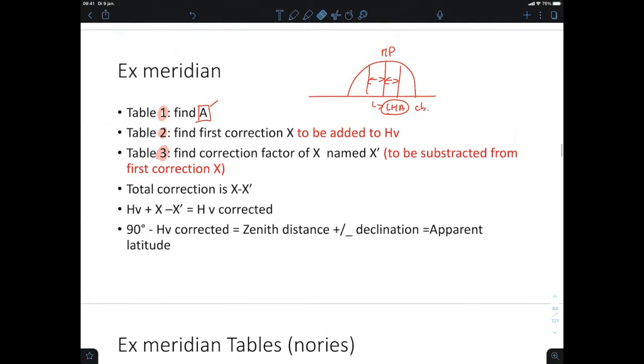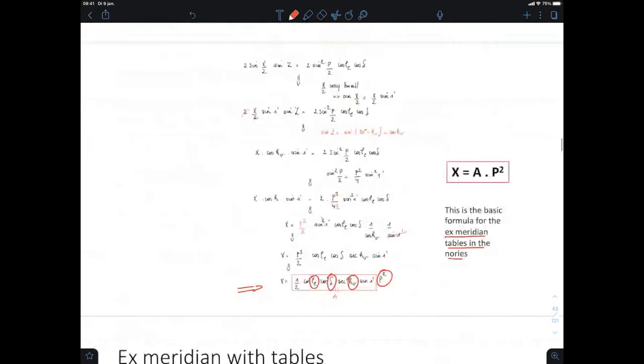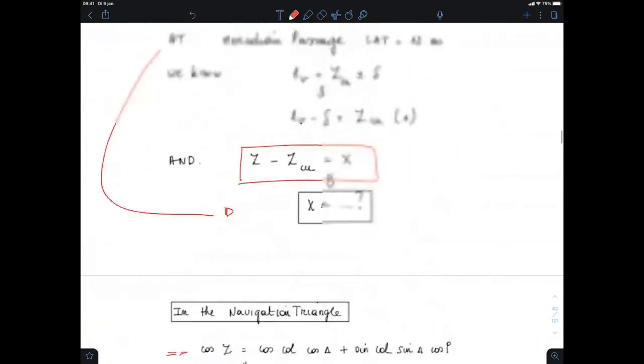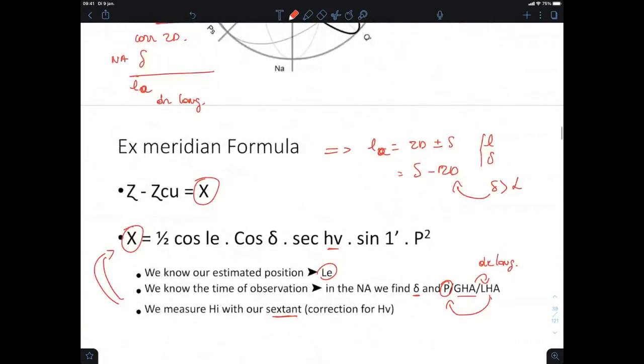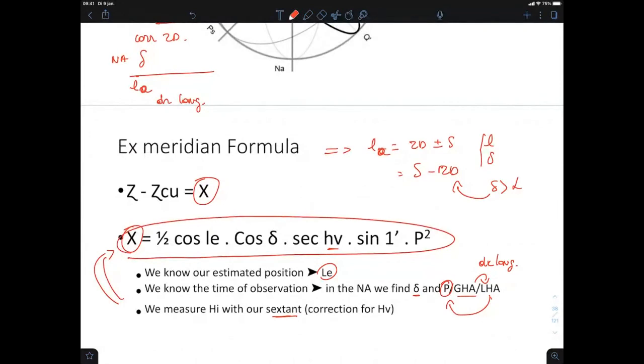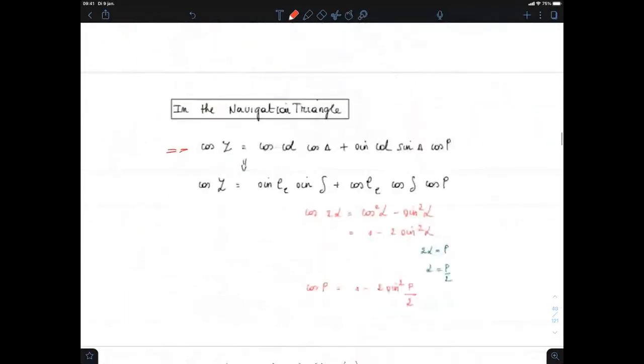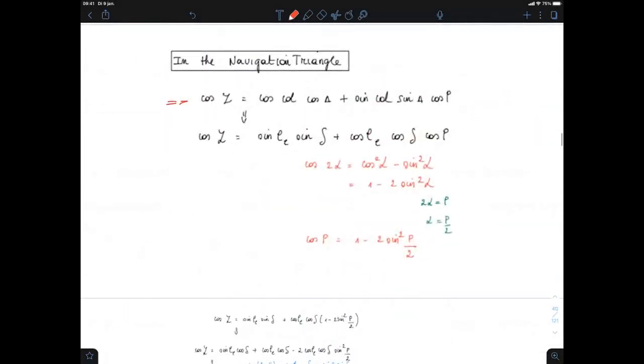The corrections can be found in table 2 and table 3. And the corrections, which are they actually? They are the X values that we calculated here, or that you can calculate with this formula that I showed you here. If you're interested, you can completely derive it from the formula in your spherical triangle.